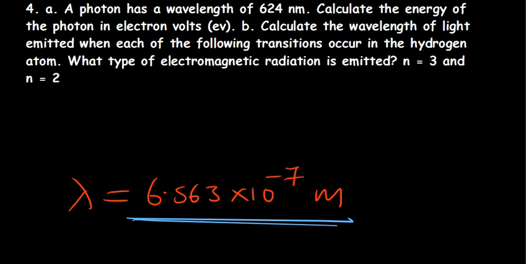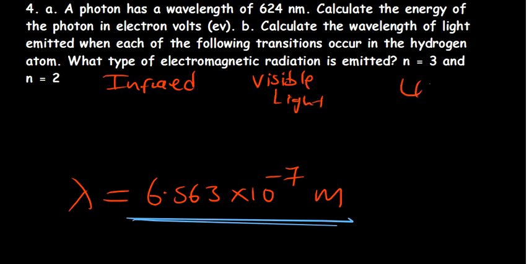Now, what type of electromagnetic radiation is emitted? Usually we deal with three: infrared, visible light of course, and UV. So you have to choose which one it is. To make this easy, visible light is categorized between 400 and 700 nanometers.